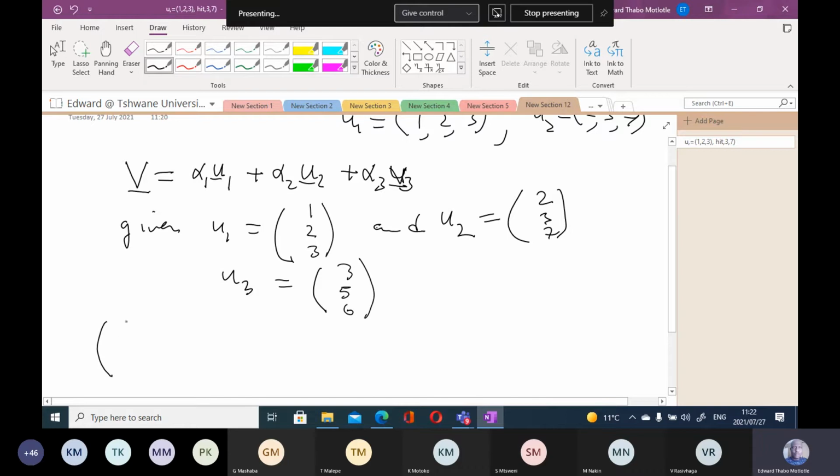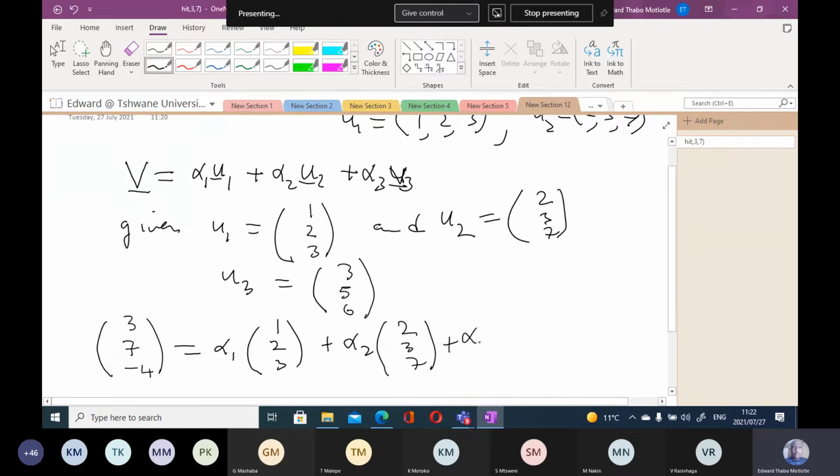We want to prove that 3, 7, minus 4 is equal to alpha 1 times 1, 2, 3, plus alpha 2 times 2, 3, 7, plus alpha 3 times 3, 5, and 7. So this is what we want to show.